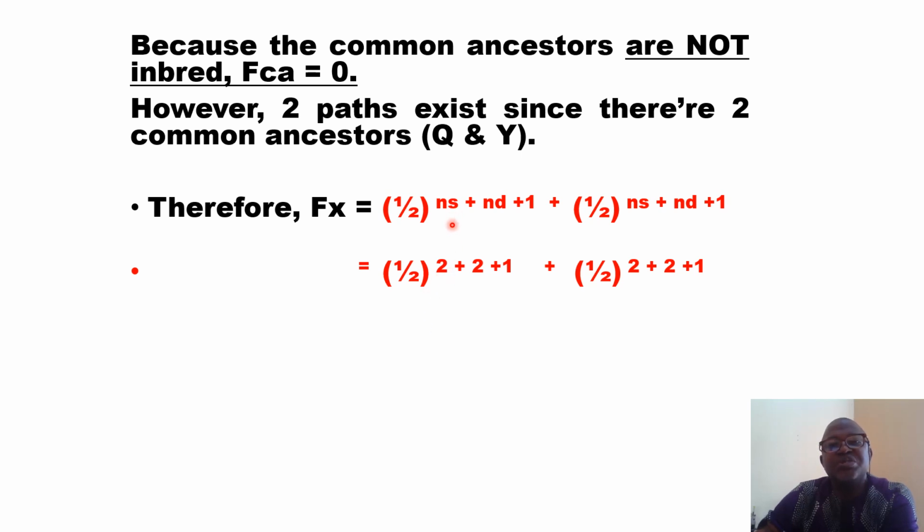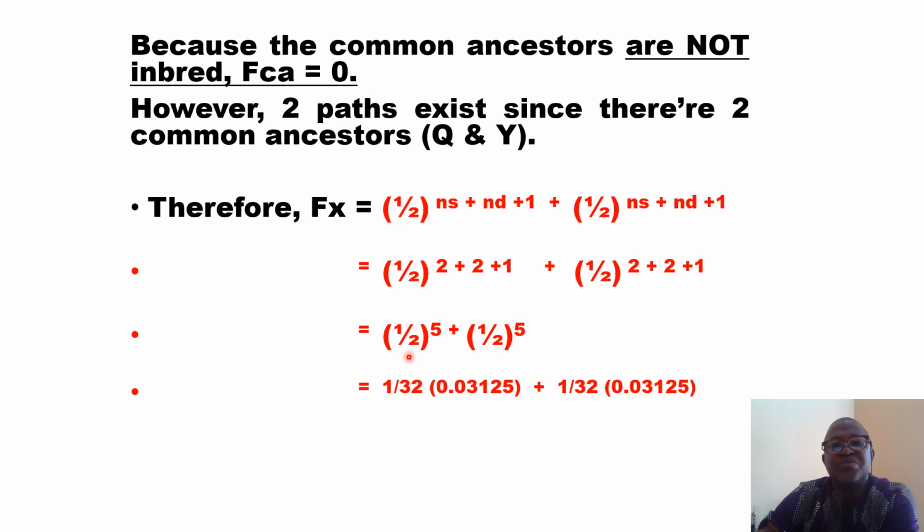So that's why we have two from the sire and two from the dam for Q, two from the sire and two from the dam for Y, plus 1. That is half raised to power 5 plus half raised to power 5. If you solve that, it will give you 1/32 plus 1/32. And the final answer is 1 over 16, which is 0.0625. So that is the inbreeding coefficient as a result of mating between two full cousins.